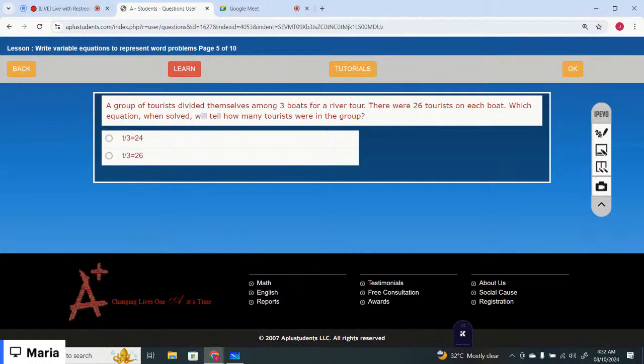Option number 2 is the correct option, that is t divided by 3 equals 26. Okay, you can complete the lesson by yourself later today. Let me just move on to the next lesson.